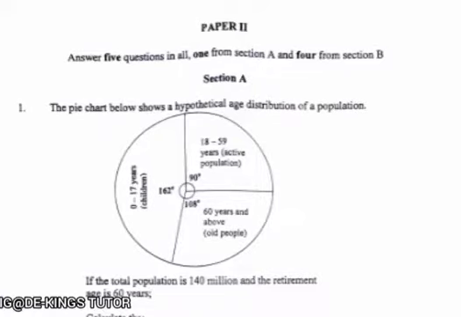It said the pie chart below shows a hypothetical age distribution of a population. So we have the pie chart that shows 0 to 17 years, children, which is 162 degrees; 18 to 59 years, the active population, which is 90 degrees; and 60 years and above, the old people, which is 108 degrees.